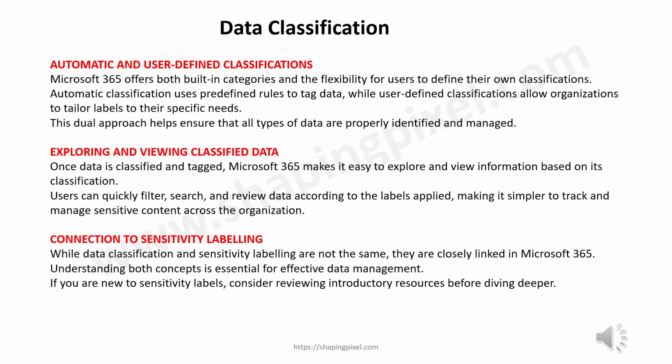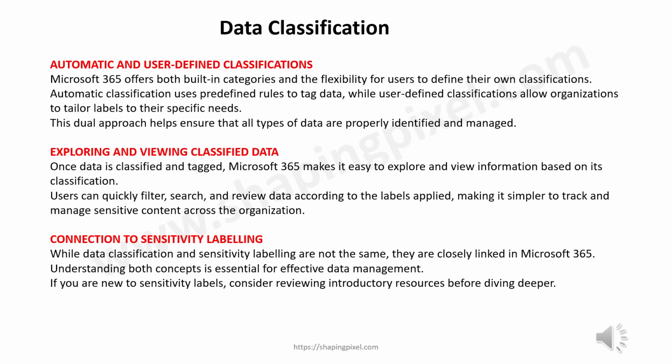Data classification in Microsoft 365 is all about organizing information so it can be managed and protected effectively. By assigning categories to different types of data, organizations can control access, ensure compliance, and keep sensitive information secure within their Microsoft 365 environment.